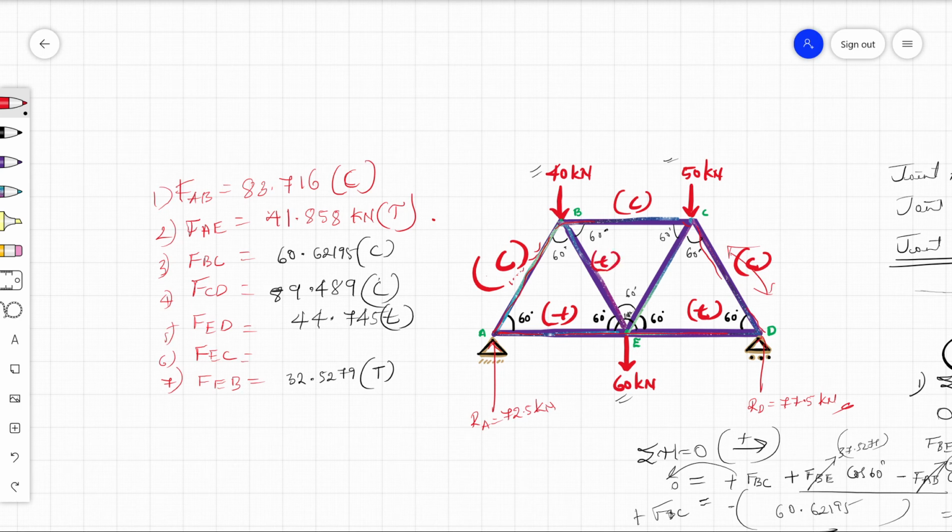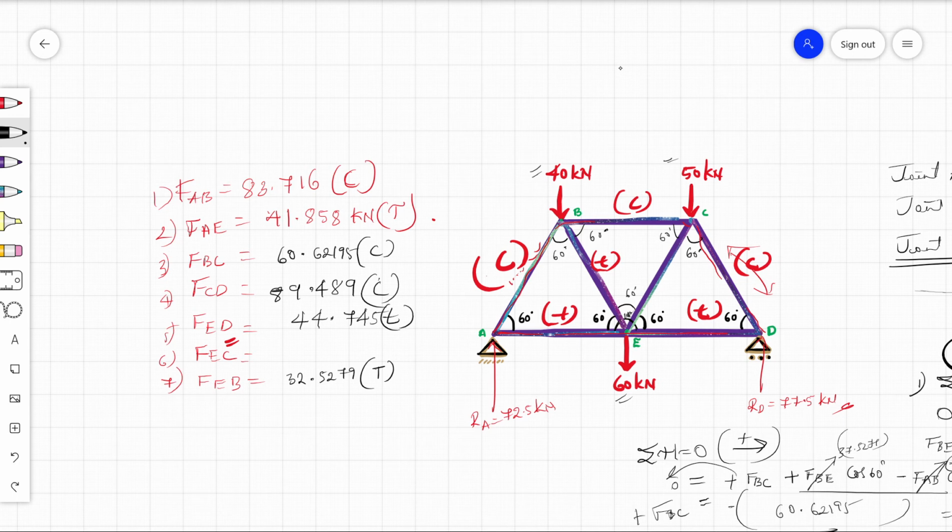So this is tension. If I found everything, what is the one thing that is left to find? That is FEC. And with the help of one joint, we'll find it out.